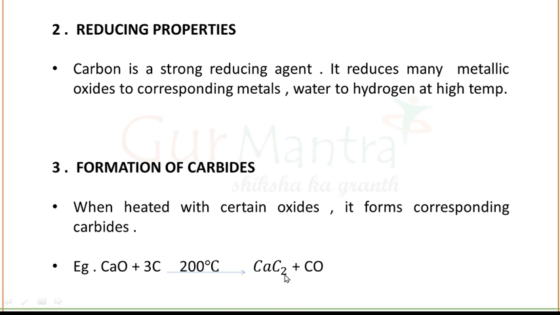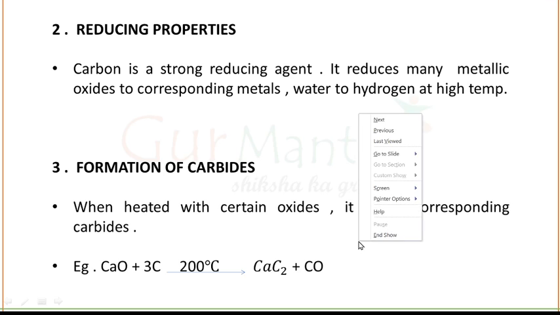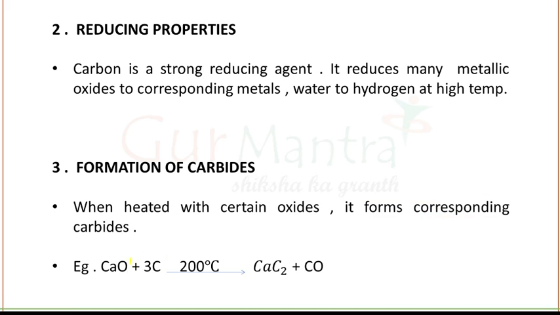You will get calcium carbide plus carbon monoxide gas. This is a very important reaction. You have to learn this reaction. When you heat up CaO, calcium oxide, with 3 C, carbon, you will get calcium carbide and carbon monoxide gas.